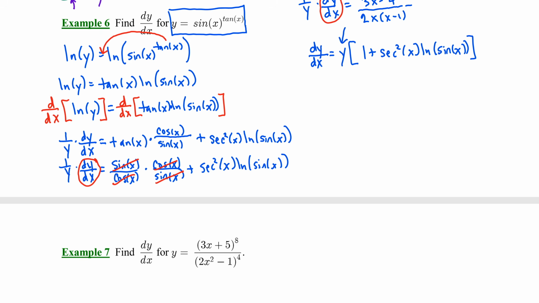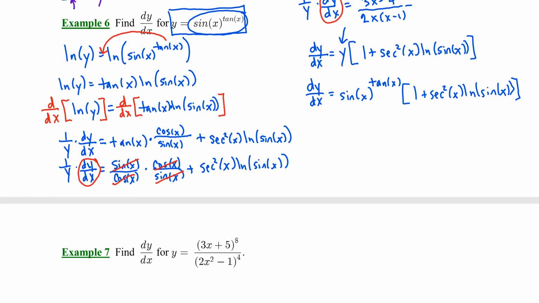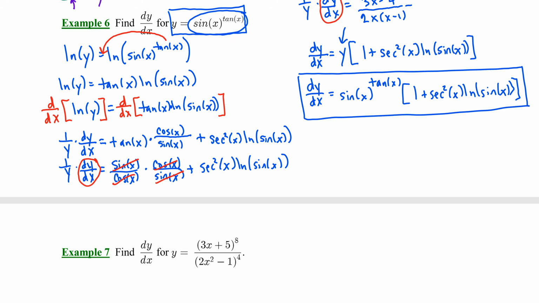This is going to be an easy remedy. We're simply going to replace y with what it is originally defined as in terms of x. So y will be replaced with sine of x to the exponent tangent of x times this other factor. I believe that's as good as that one is going to get. I don't think there's anything else we can do to simplify, so there is our explicit derivative.